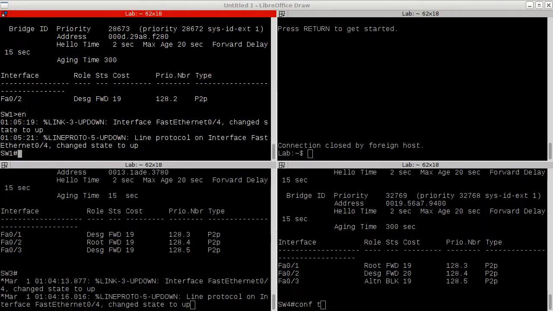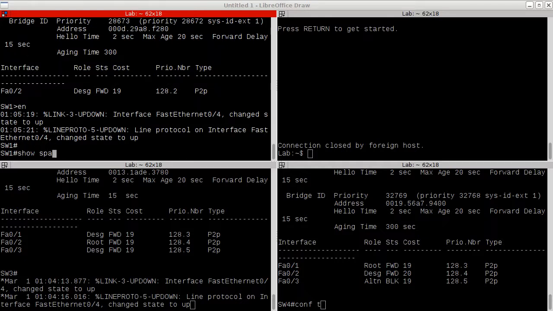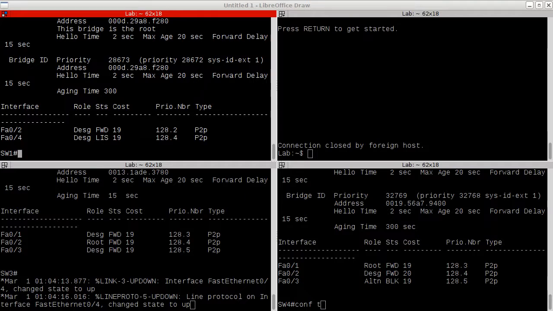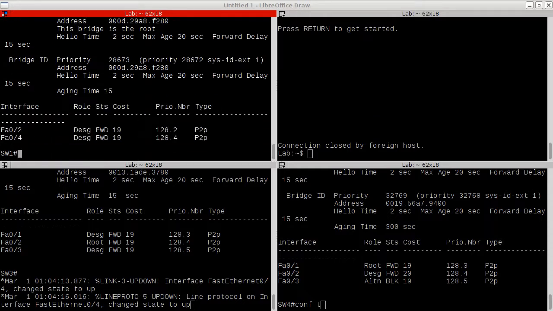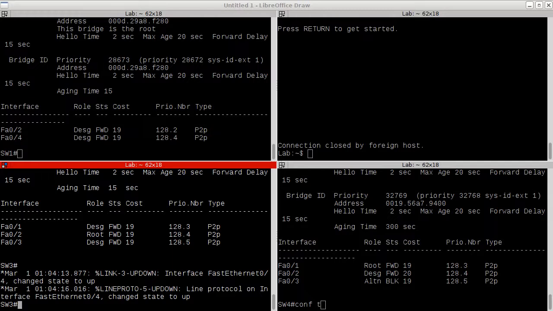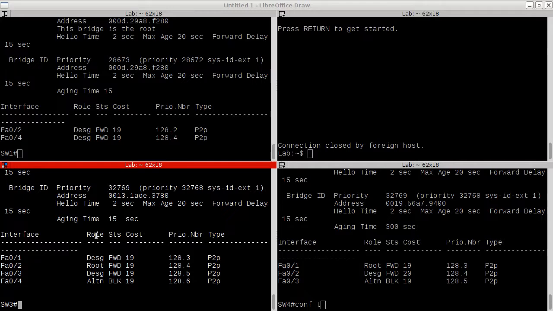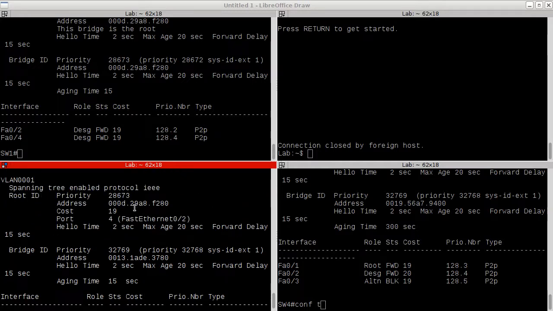Turns out one of my cables was bad. So on the root switch, both of the interfaces are designated. And this one here has a cost of 19 to get to the root.